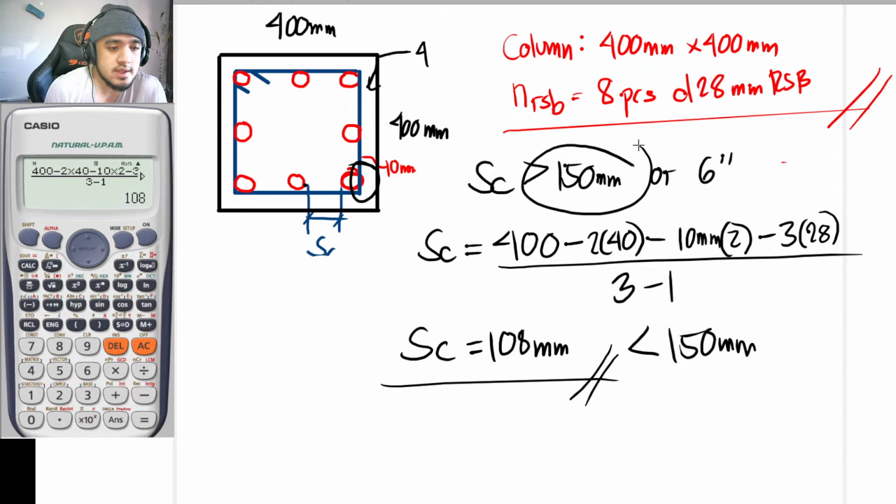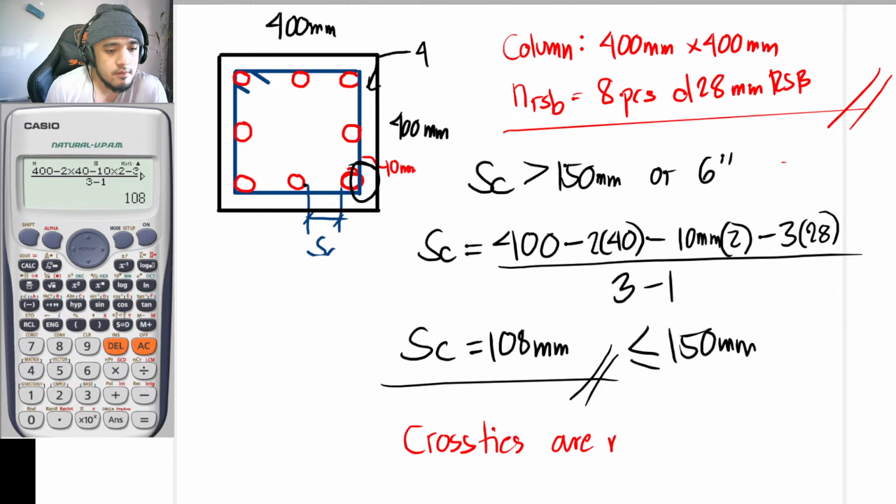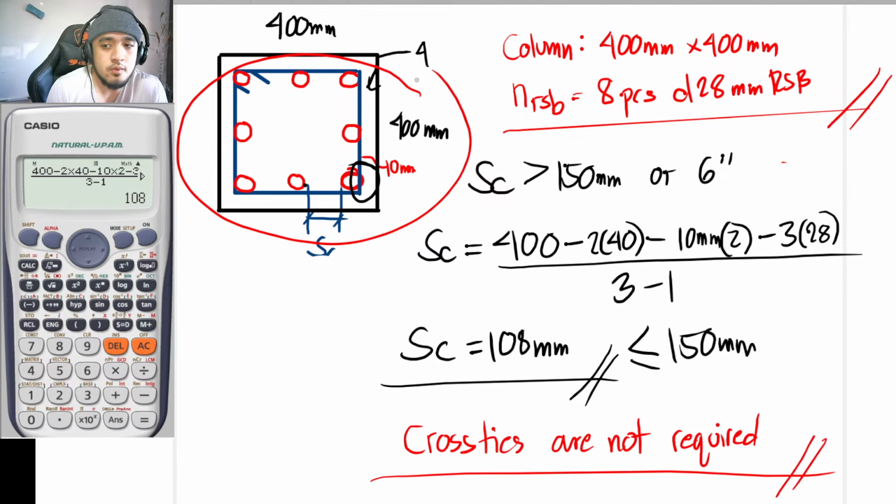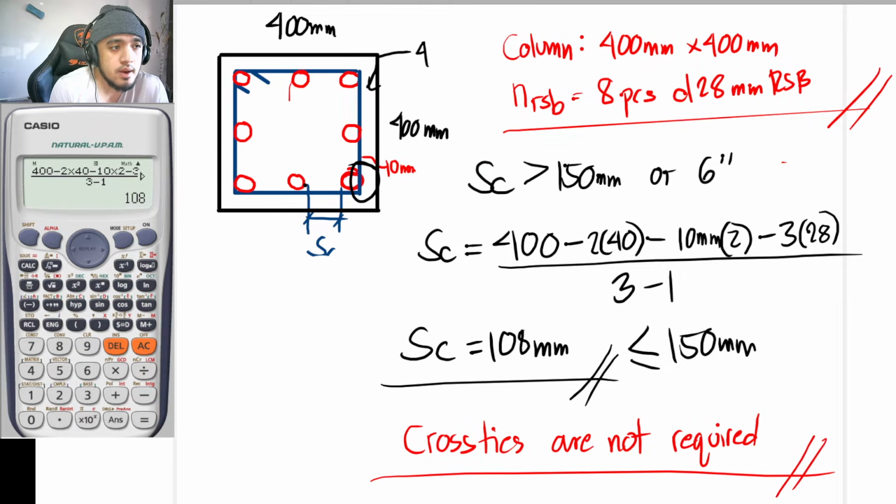So if it is to be less than or equal to 150 mm, this means cross ties are not required. So cross ties are not required. So if it is not required, in this one right here, we no longer need to put cross ties since it is not required.